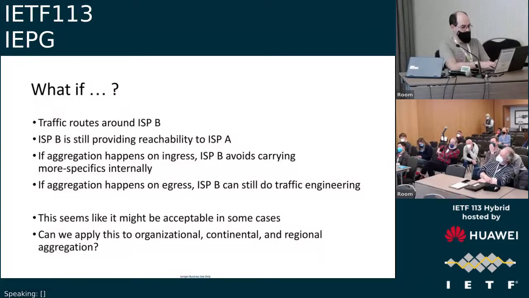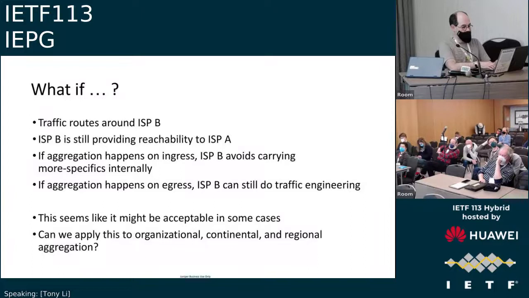Okay. If you do this, this is not necessarily a horrible thing, not necessarily a good thing. Where you do this inside of ISP B actually matters. Does ISP B care about the traffic engineering that ISP A is advertising?